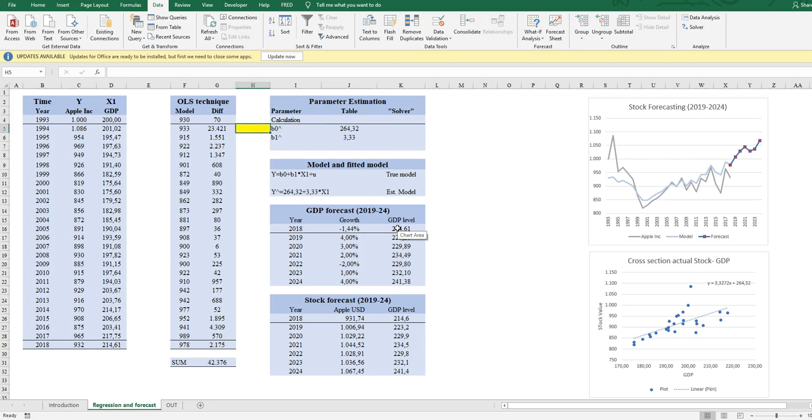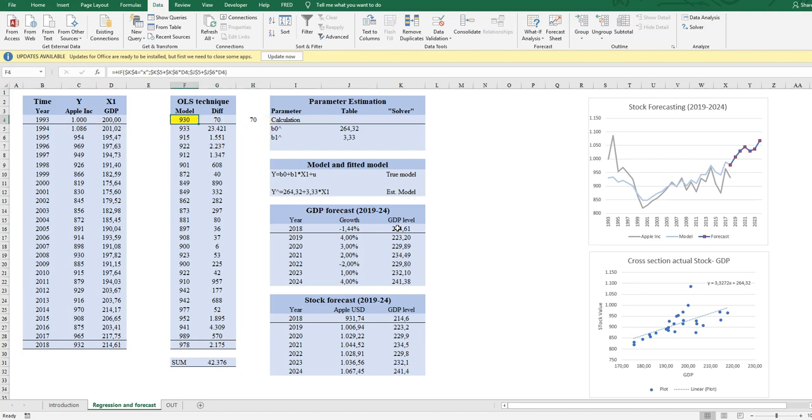What we do in simple linear regression when we use the ordinary least squares technique is to take the difference for each observation between the real price of Apple minus the modeled price.